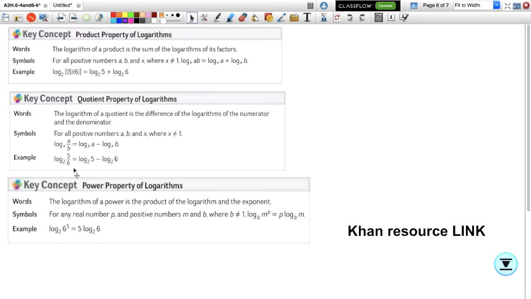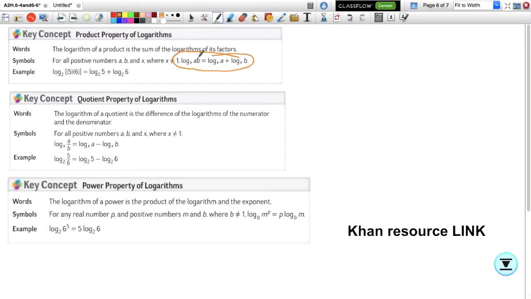There's 3 properties we're looking at with logarithms. One of them is called the product property. Let's take a look at what this is actually saying. Words are miserable, symbols aren't necessarily great, but it does tell us this. If we have a log of 2 things being multiplied together, it's the exact same thing as log base, that same base, of the first piece being multiplied plus log of the second piece being multiplied.